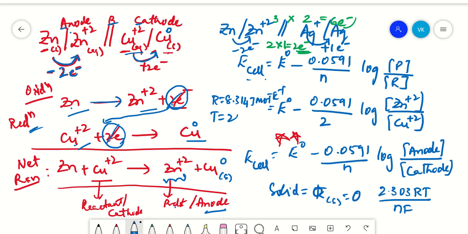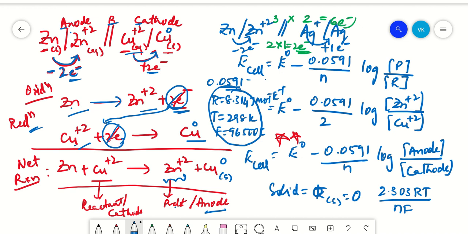Then T is equal to 298 Kelvin and F is equal to 96,500 coulombs. Then after substituting all this, what you get is 0.0591. Thus you are writing it here as 0.0591 by n. n here is the number of electrons. The number of electrons that are involved here are 2 electrons, on both sides 2 electrons.